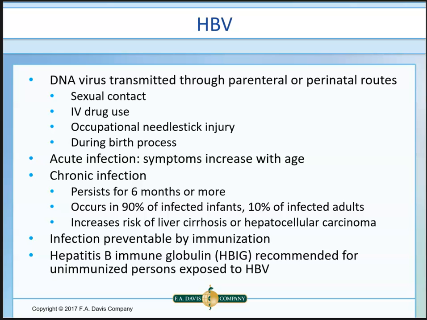All this can be prevented by simple immunization. Now, if you have not been immunized, they can give you shots of hepatitis B immune globulin. In other words, passive immunity, antibodies pre-made against hepatitis B to hold you over until your immunity can kick in.